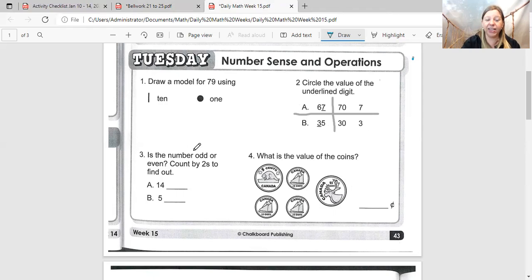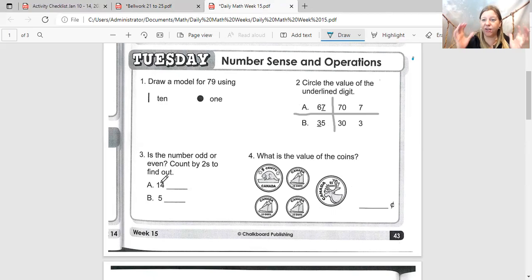Is the number odd or even? In order to tell, they ask you to count by 2s to find out. That's because if it is an even number and you start at 2 and count on by 2s and land on the number 14, then it is an even number. But if you start at 2 and count on by 2 and don't land on 14, then it's an odd number.